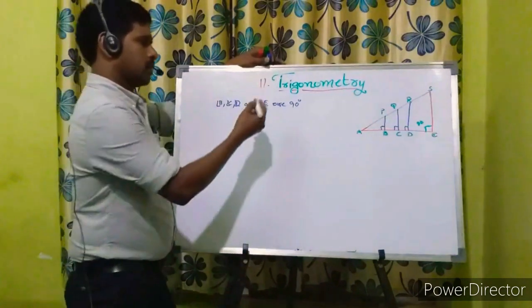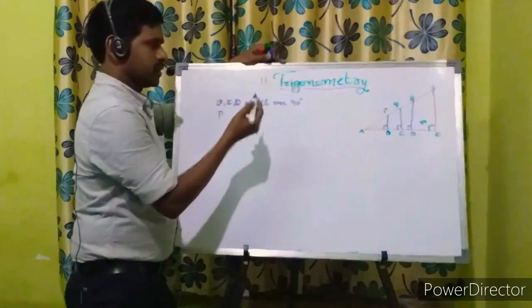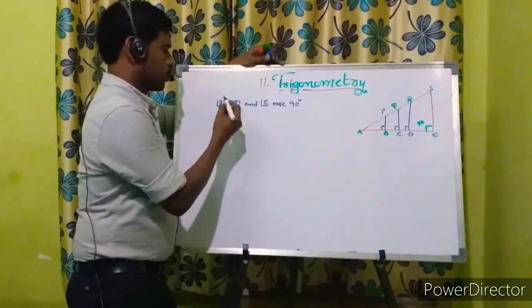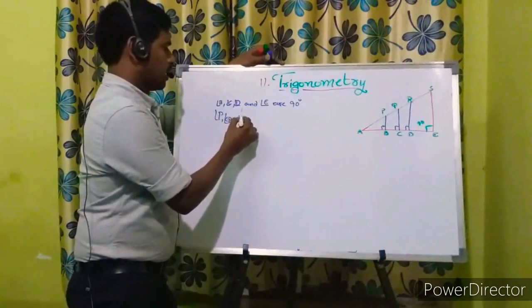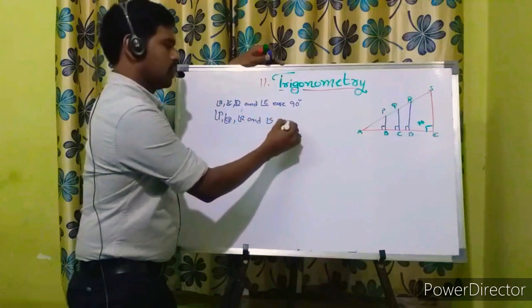Next, when you observe P, Q, R, they also have equal angles: angle P, angle Q, angle R and angle S are equal angles.